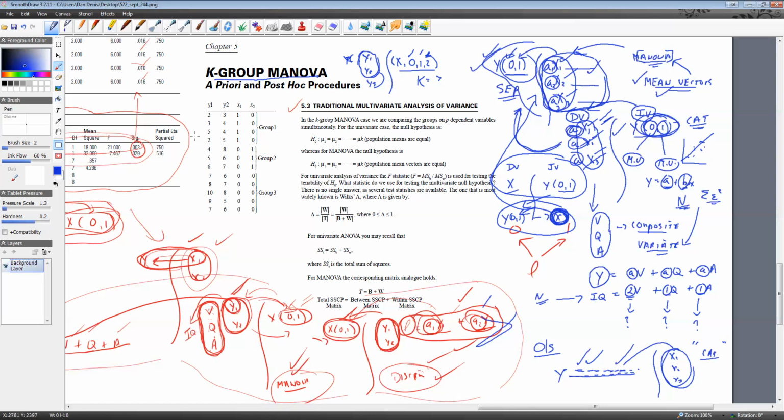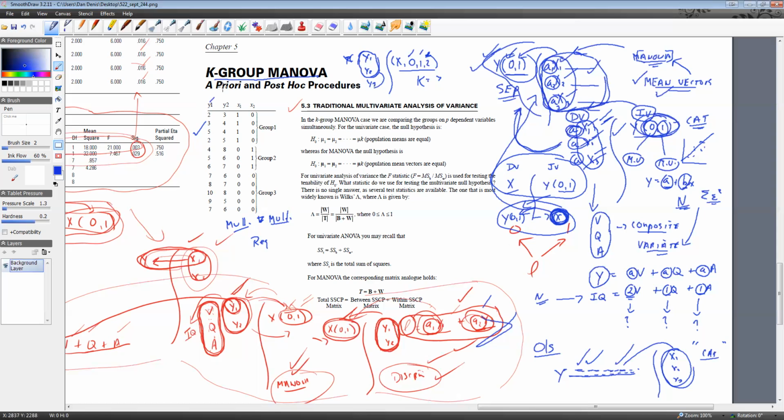So this is the setup here in a dummy regression format, where this would actually be a multivariate multiple regression. And you can find that in Stevens. So this is multivariate multiple regression.